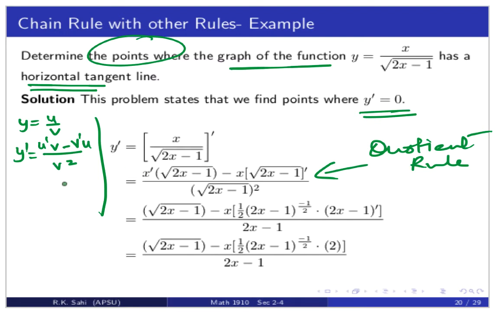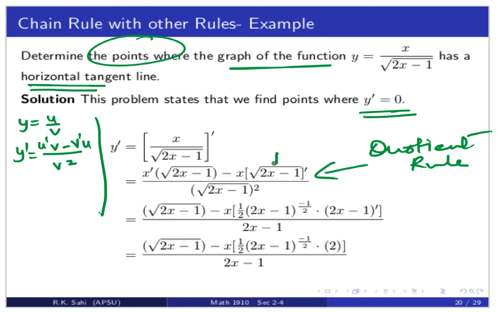Applying this quotient rule, you have x prime times square root of 2x minus 1 minus x times the differential of the denominator, which is square root 2x minus 1. And the square root of 2x minus 1, the whole square, is in the denominator. Okay, now we just have to do simple math. Differential of x is simply a 1. So you get square root 2x minus 1 minus x.